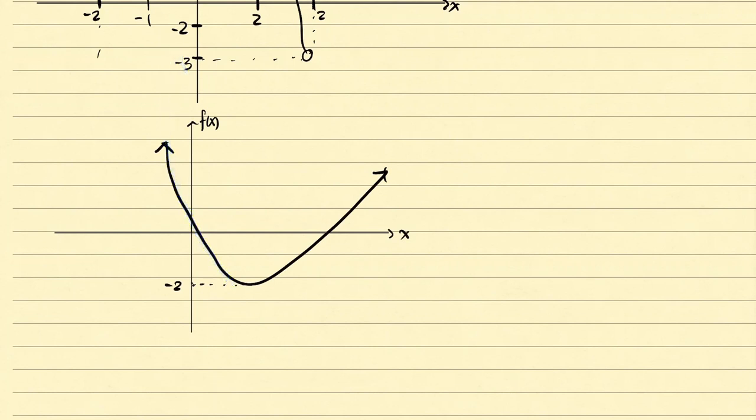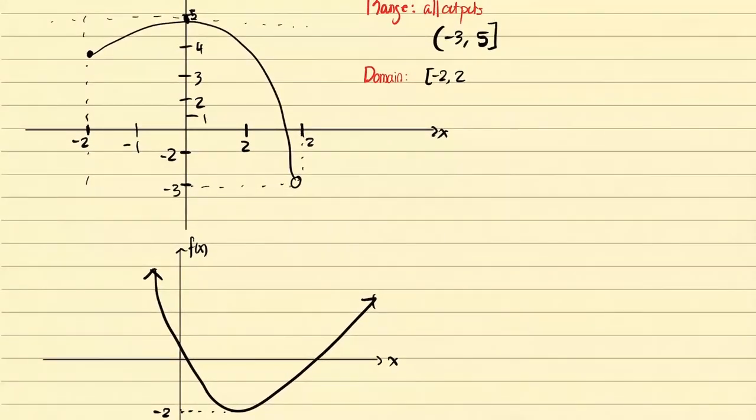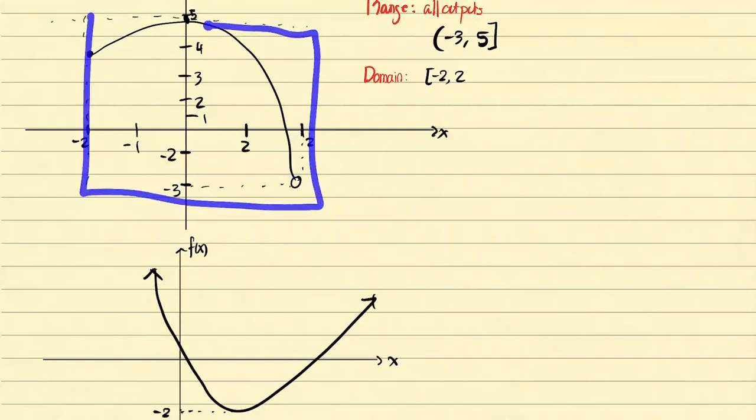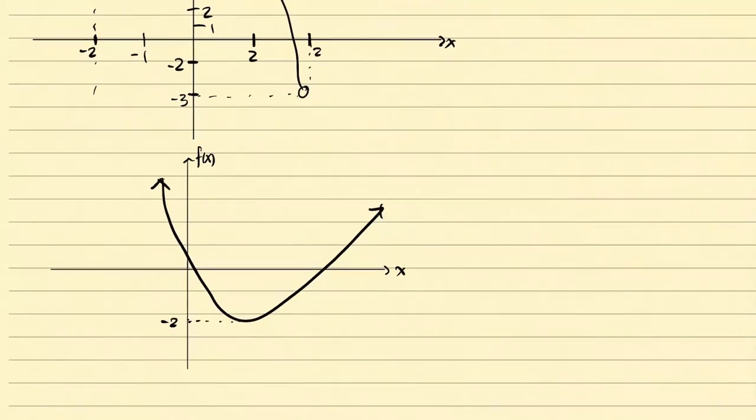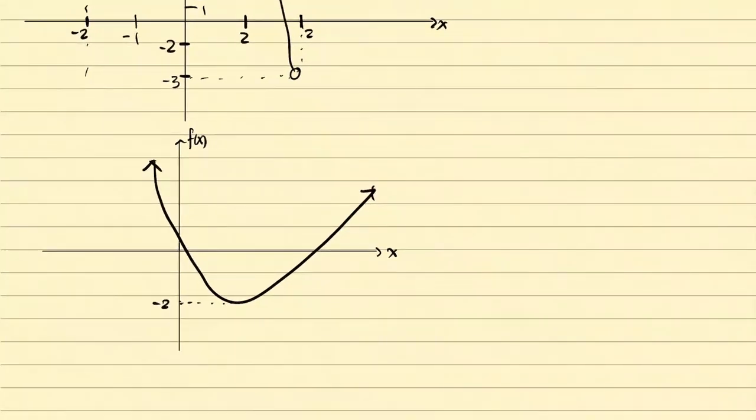I just can't draw it going on forever. So contrast the difference between this one and this one. This one just stops clearly here, meaning I can draw a box around my function. But this means that the function will just continue on forever without bound. We can't see what happens. So let's use that idea. What do you think the domain is for this function?